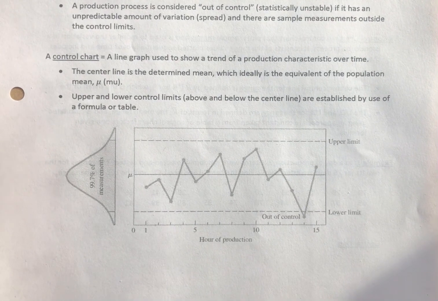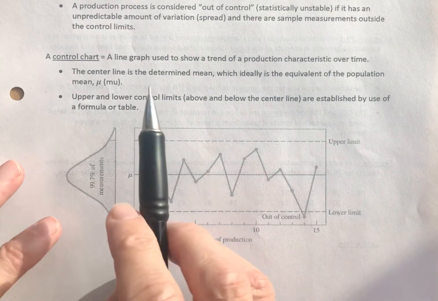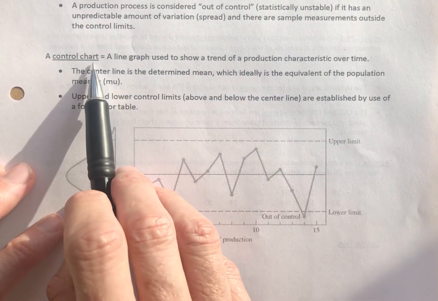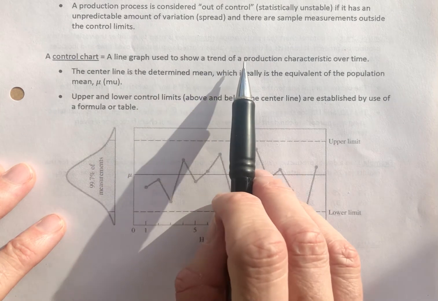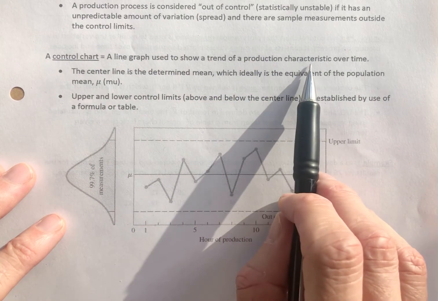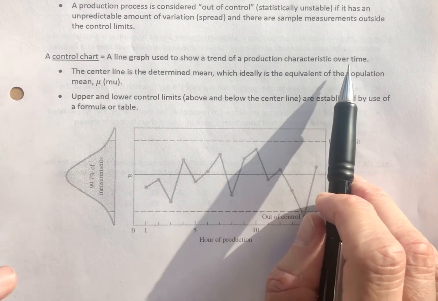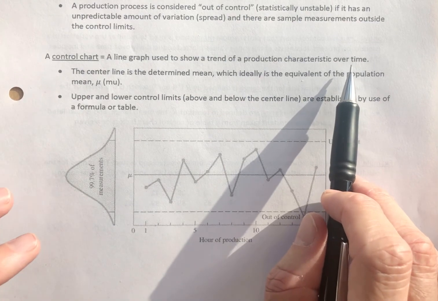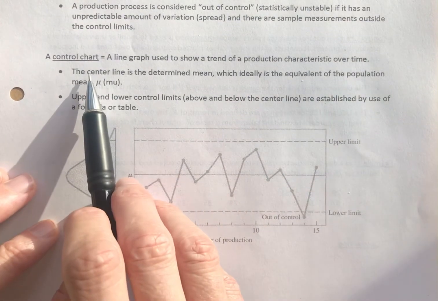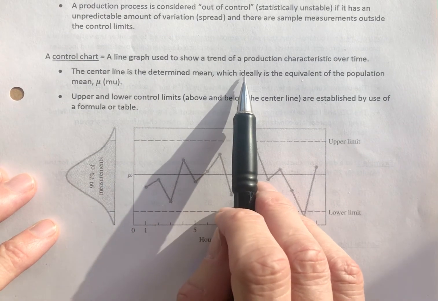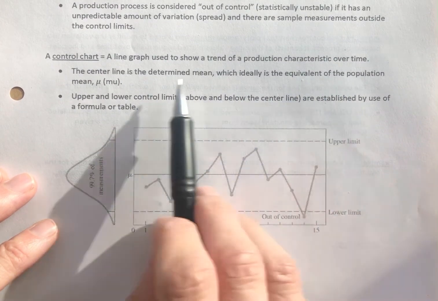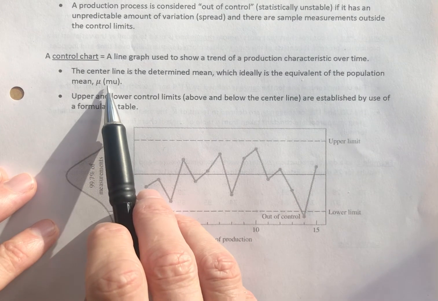We're going to look at one specifically in the next video. A control chart is a line graph used to show a trend of a production characteristic over time. Again, in my example, the shoe size. The center line is the determined mean, which ideally is the equivalent of the population mean, mu.